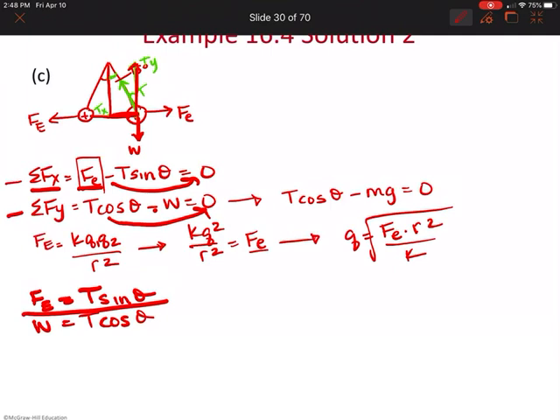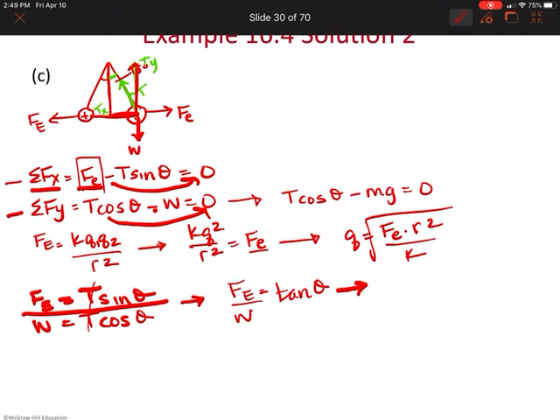Now, if I divide both of those, what happens to the tension? It goes away. I have sine theta over cosine theta. Well, what's sine theta over cosine theta? It's tangent theta. Sine over cosine is tangent.